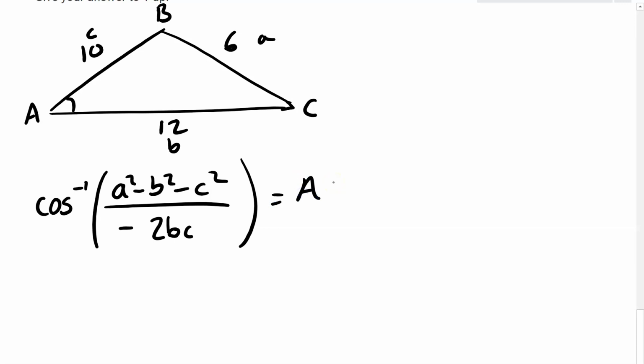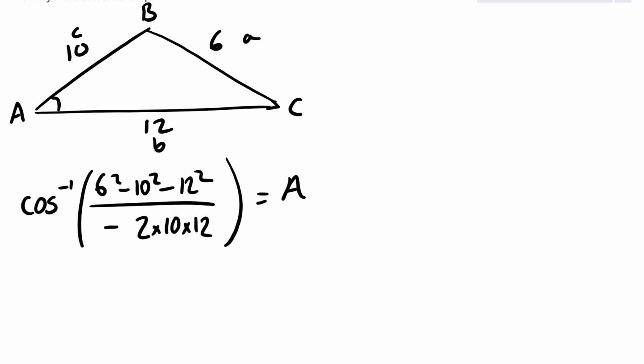All I've got to do now is plug my numbers in, which will give me that. And then I'll pop it into a calculator, which will give me A is 29.9 degrees. We could repeat the process to find this side if we needed to, just to prove it's the smallest.